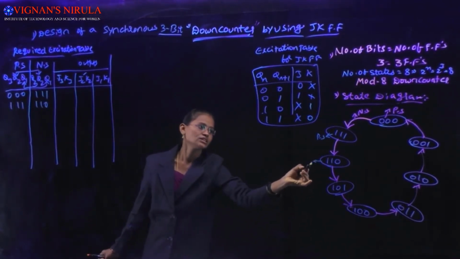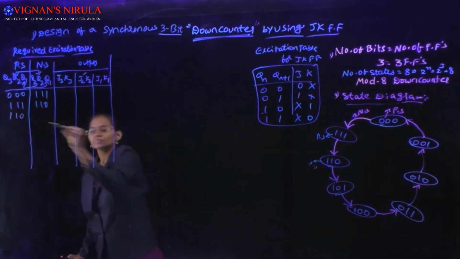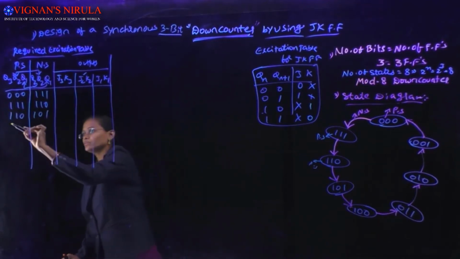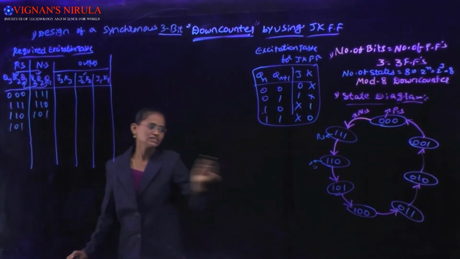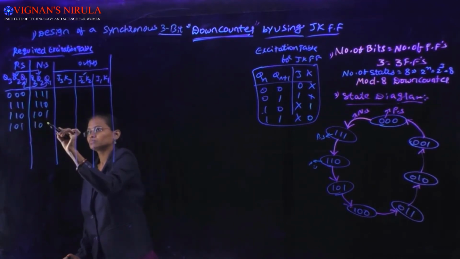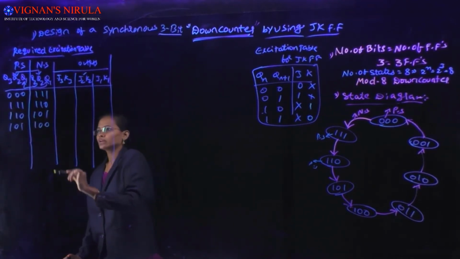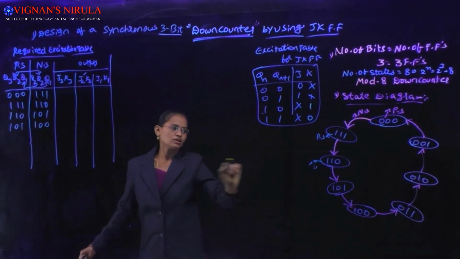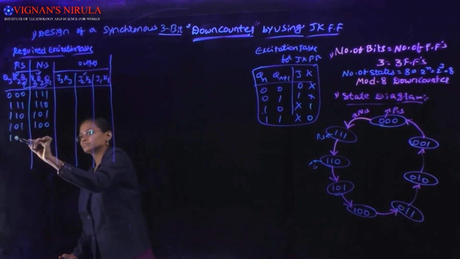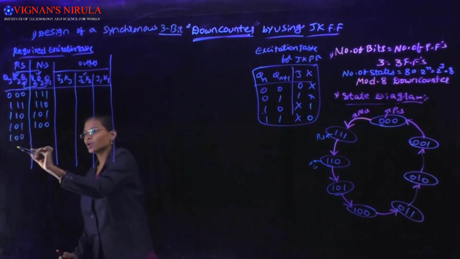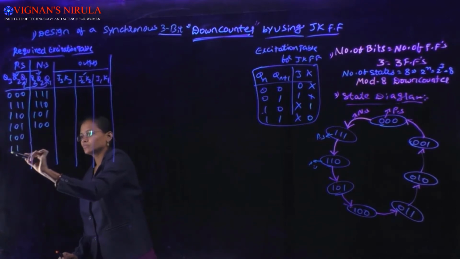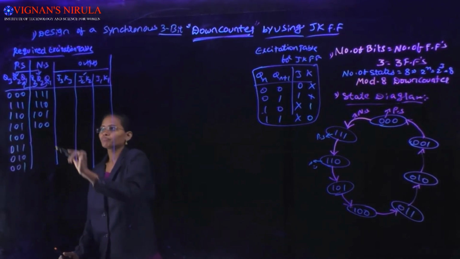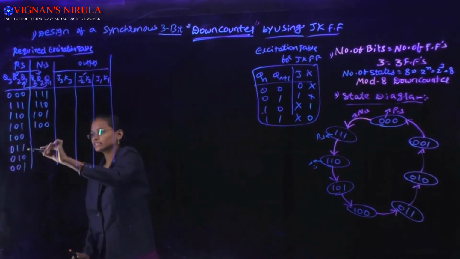Present state is 6 and next state is 5, and present state is 5 and next state is 4. First write down all the present states: 0, 7, 6, 5, 4, 3, 2, 1.